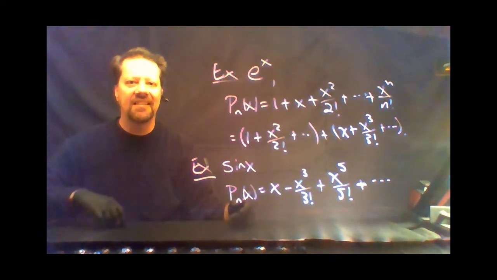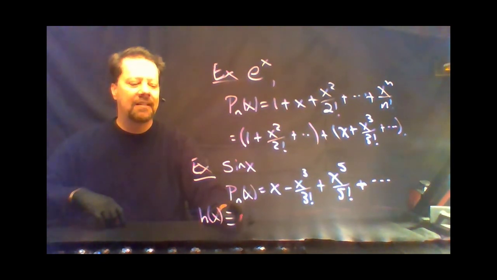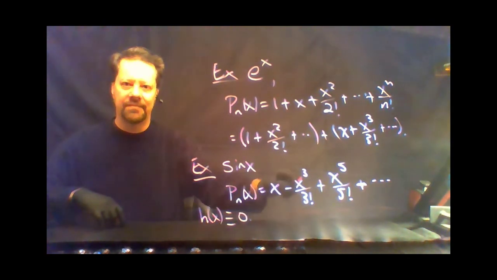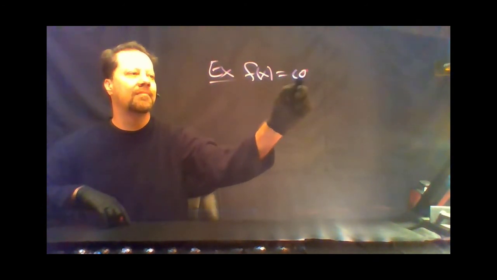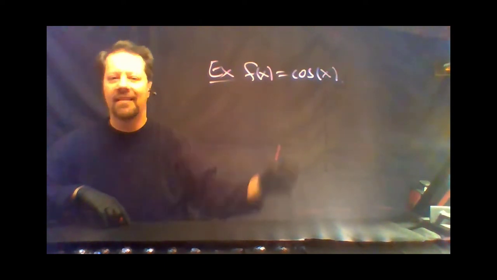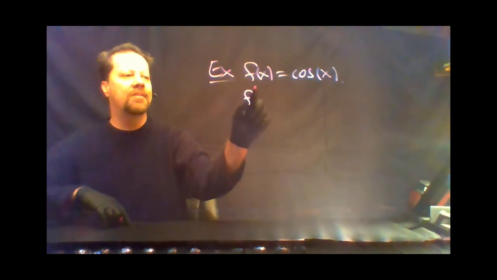In this case, the even part, g of x, would be identically 0. What about cosine of x? As you know, cosine is an even function. Let's list its derivatives.